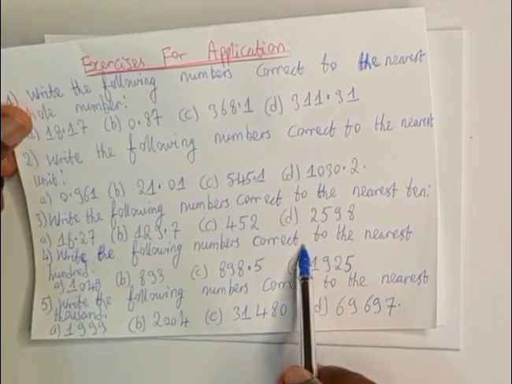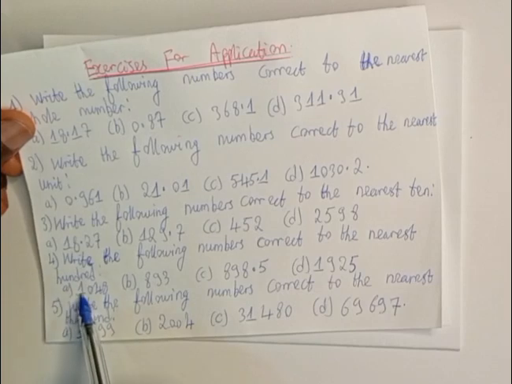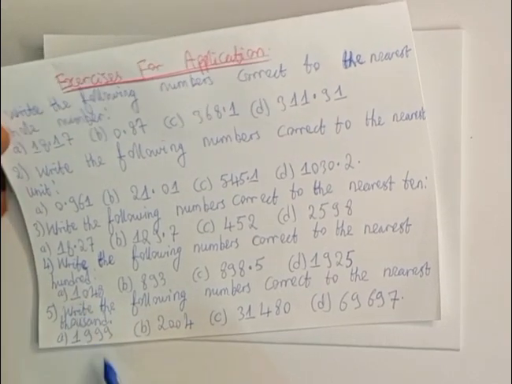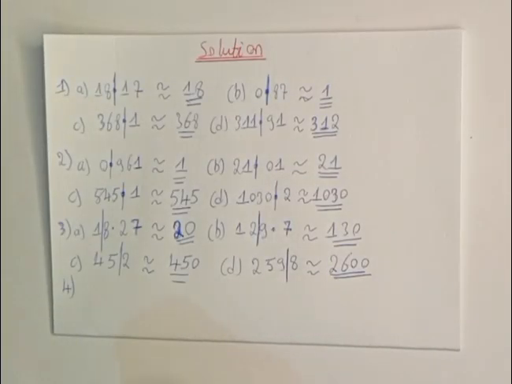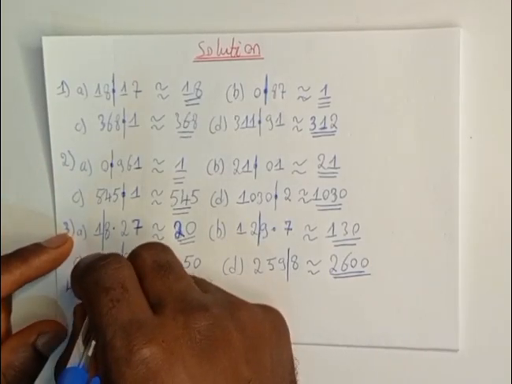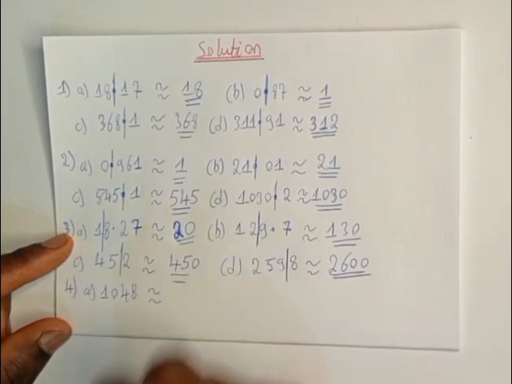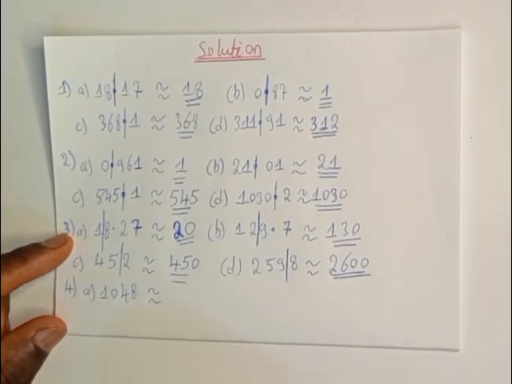Question 4. Write the following numbers correct to the nearest hundred. For A, we have 1048. To the nearest hundred, this will be approximately.